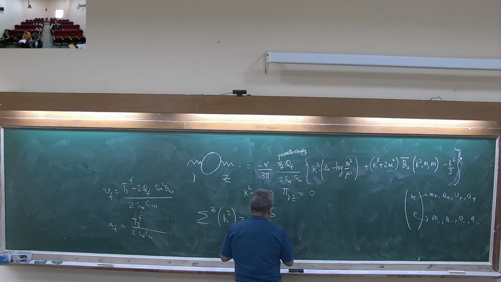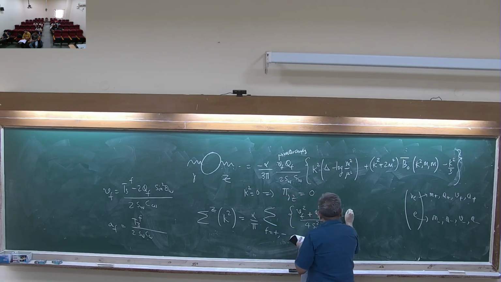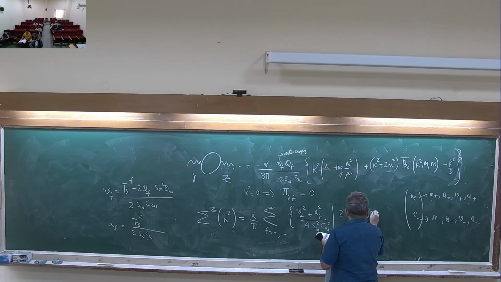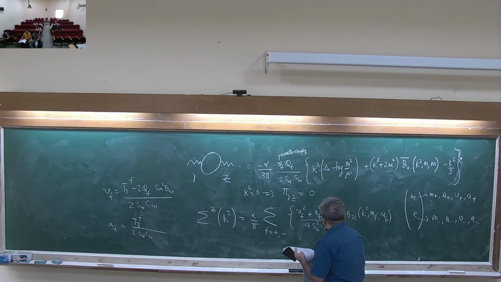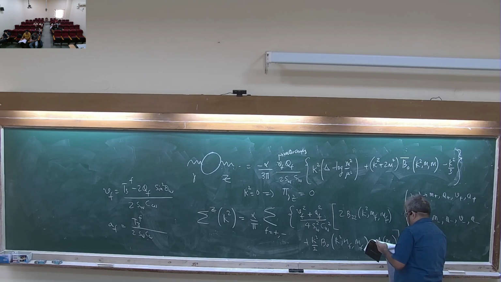So this formula contains alpha by pi, sum over all, (V_f² plus A_f²) by 4 S_W² C_W², times B22(k², m_f), plus k² by 2 B0(k², m_f), minus A(m_f), minus m_f² over 8 C_W² S_W² B0(k², m_f).